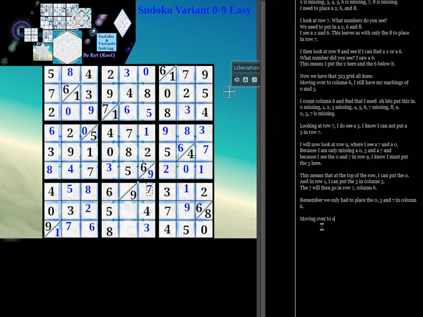Moving over to column 5. Column 5, row 7. Focusing on row 7, I see we are only missing the 0. I put it in after I stop mucking about here with the forward slash key.